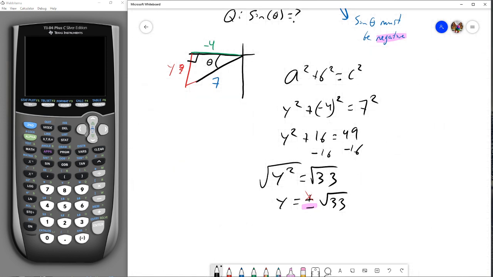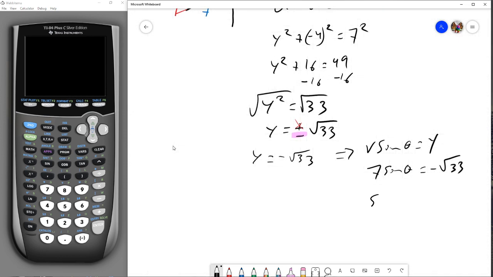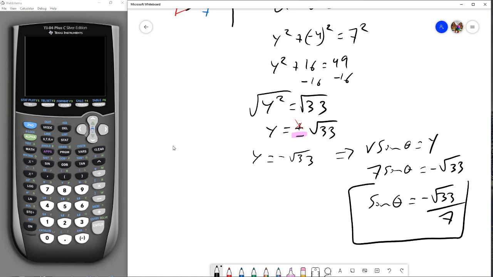That means y is equal to negative root 33. So we can plug that in. Our sine theta is equal to y, so 7 sine theta is equal to negative root 33. Once we divide out that 7, sine theta will equal negative root 33 over 7. Let's box our answer. I think I forgot to box our answer in one of the previous examples.